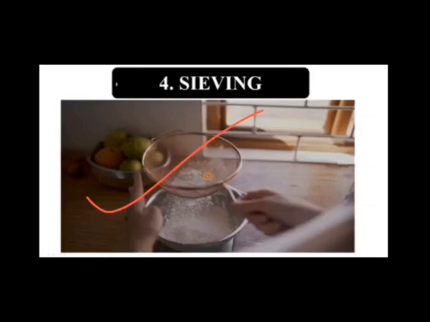So when the wheat flour is put in the sieve and the sieve is moved back and forth repeatedly, the fine particles of flour pass through the small holes of the sieve and collect in the vessel, right? So the bigger particles of wheat bran do not pass through the holes of the sieve, and they are left behind in the sieve. And in this way wheat flour is separated into wheat bran and fine flour, and the fine flour is used to make chapatis, right?